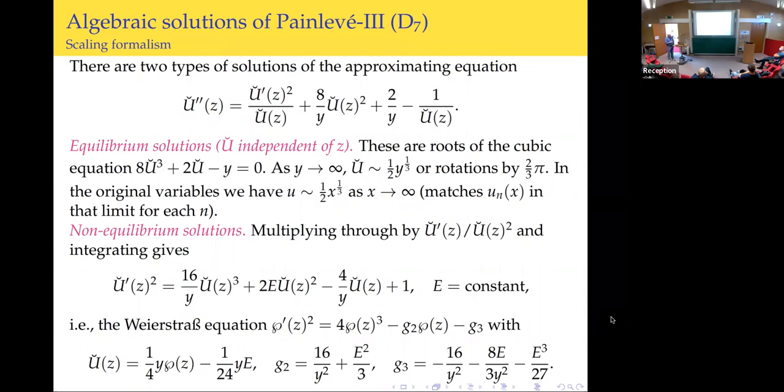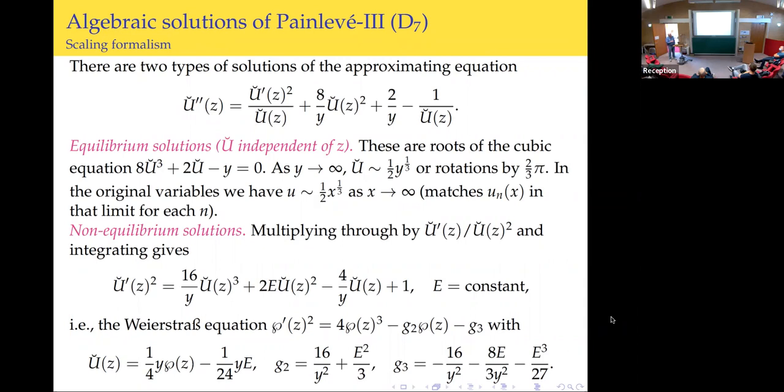If I take this formula and go back to the original u and x variables, then u is like 1/2 x cubed as x goes to infinity, and we can tick a box in our mind that reminds us of what is happening to this function u_n of x when x is large for every single fixed n. So, okay, those are the equilibrium solutions.